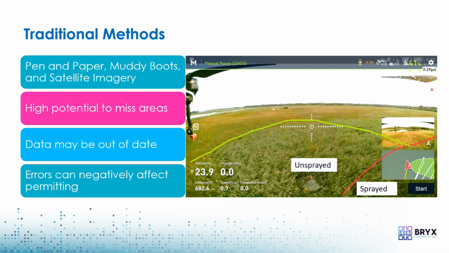We had a very confined area that the permit allowed us to treat, so our treatment line ended right about here. And across this whole site, there were several acres of phragmites that we were not able to treat because of outdated information.